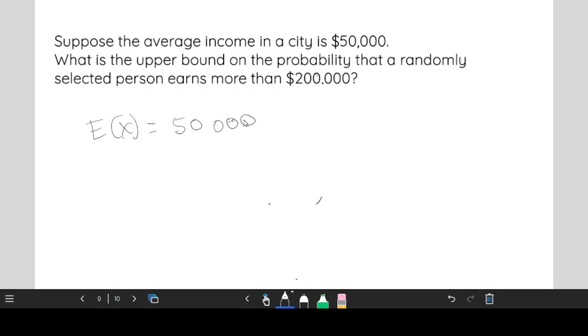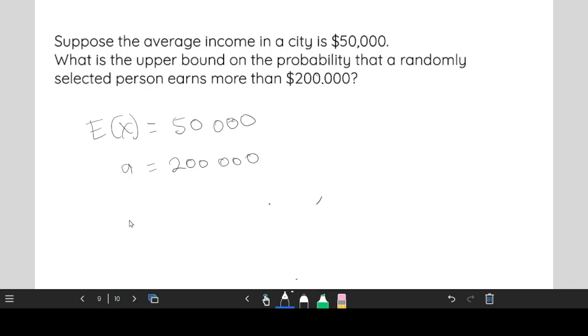And this is income, so we know it will be non-negative. Then our a given in the question is 200,000. First, a is positive, strictly non-negative, which is positive. And the expectation of x is given as 50,000. We are dealing with income here, which we know will be a non-negative random variable.